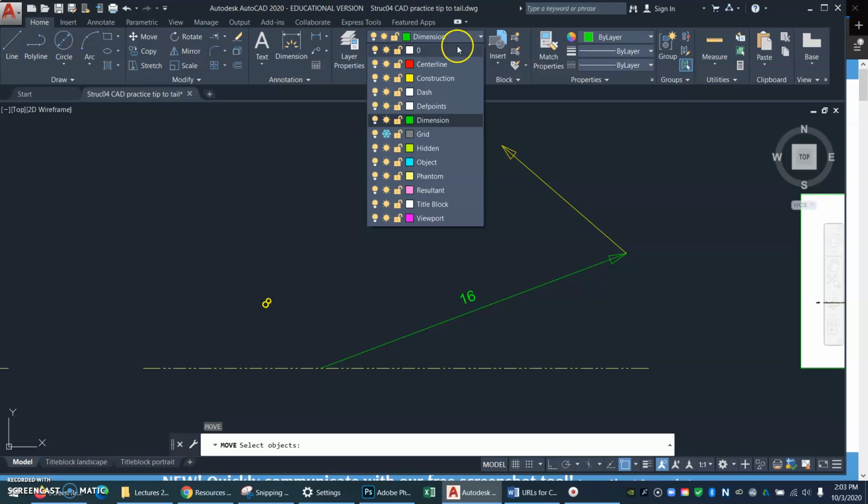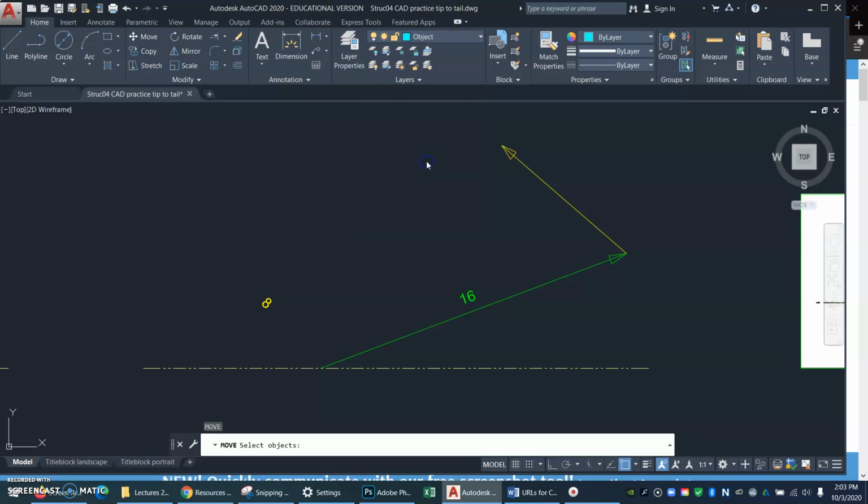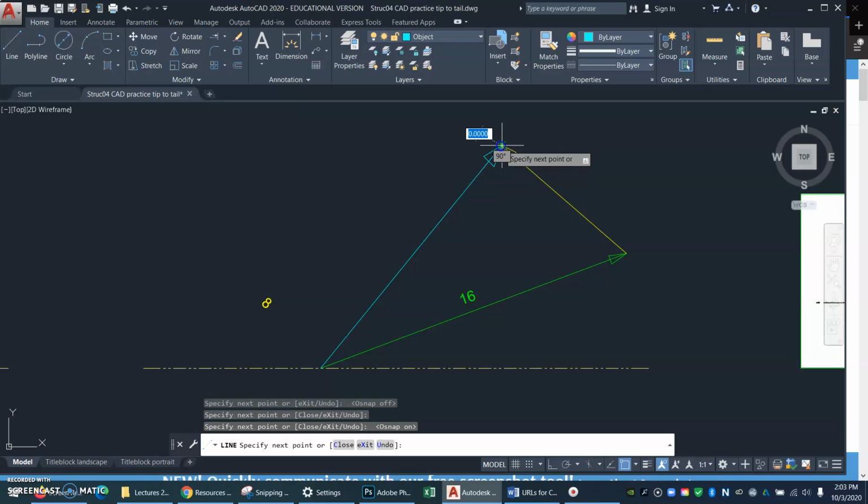Now I'll get on another layer. Now I'm going to find the resultant. To find the resultant, I'm going to go from the start point, head off to the end point, and there is my resultant. I just drew that arrow by hand.